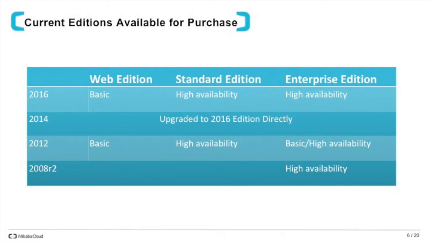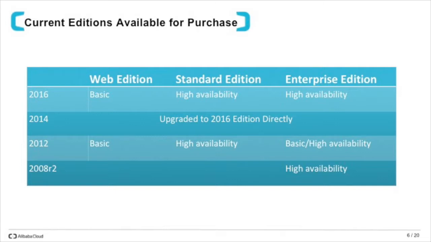We didn't release 2014 editions, so I recommend that you purchase the corresponding 2016 editions directly, which are compatible. In particular, the 2012 Enterprise Edition is very reasonable at the moment from a cost perspective. If you don't know which edition you should choose, choose the 2012 Enterprise Edition first, and then test others.